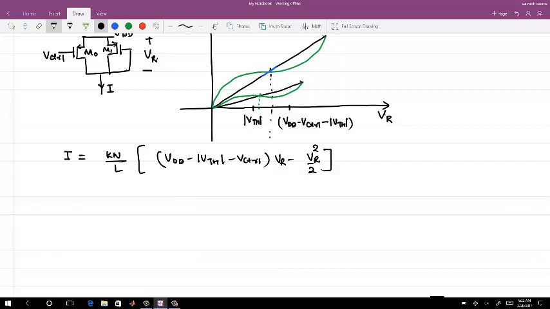VDD minus V control, by 2. These are the absolute values, right? Is anything wrong with this? No, right? So that is the midpoint, and this is the region.